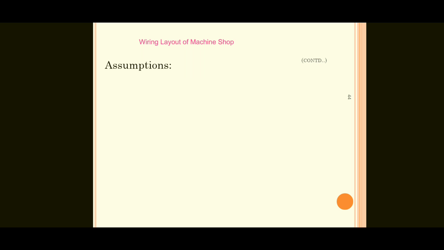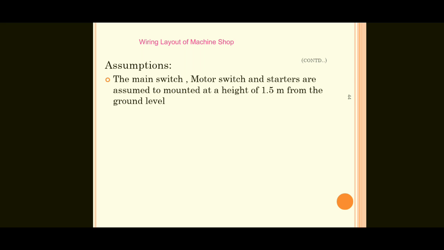Wiring layout of machine shop. Some of the assumptions: the main switch, motor switch and starters are assumed to be mounted at a height of 1.5 meter from the ground level.